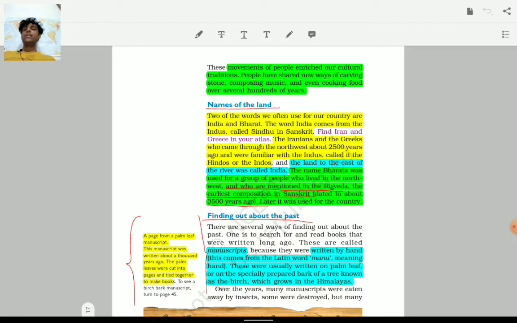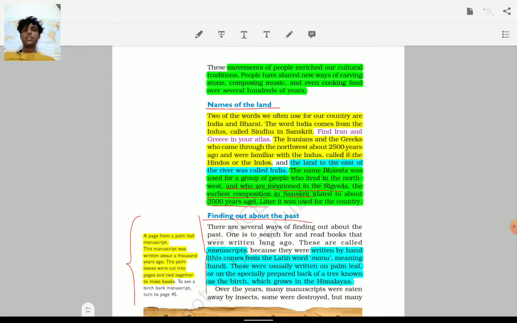As we are understanding, cities flourished because of the movement of people. People were coming, people were moving out, trade was happening, other things were taking place. Movement of people enriches our culture and tradition, because people come, they amalgamate and share their culture, and take some of the things which already exist. People shared new ways of carving stone, composing music, and even cooking food, and several other things which happened hundreds of years ago.